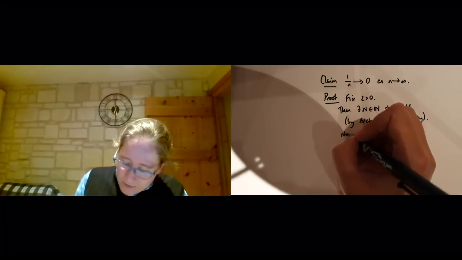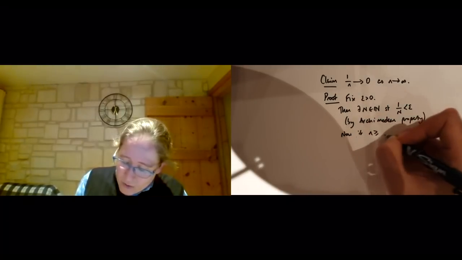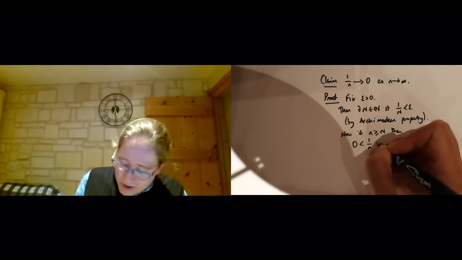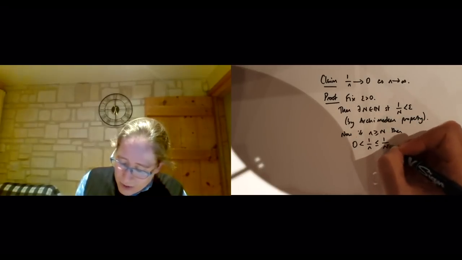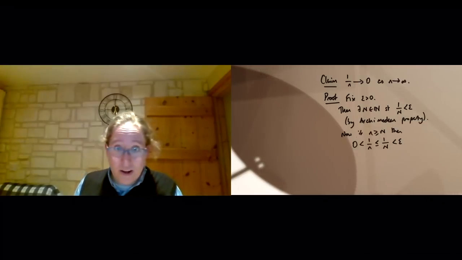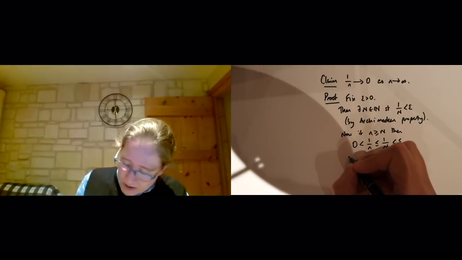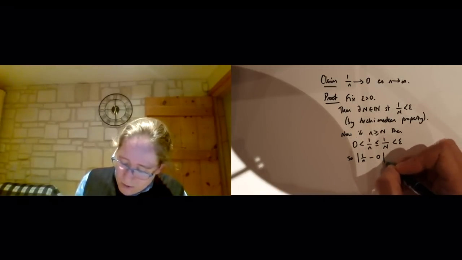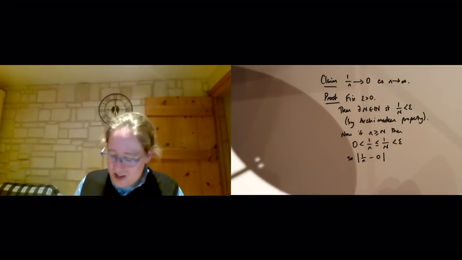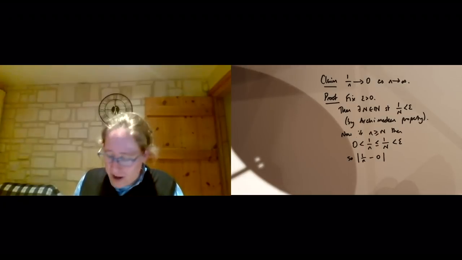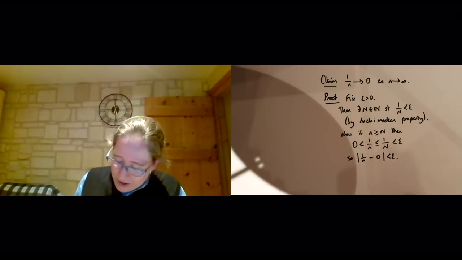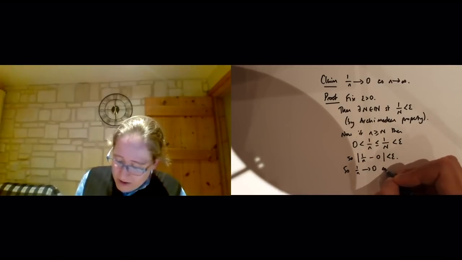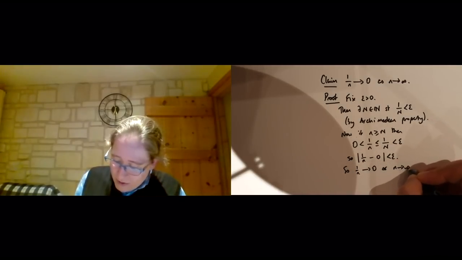And now, if little n is greater than or equal to capital N, then 0 is less than 1 over n, which is less than or equal to 1 over capital N, which is strictly less than epsilon. And so the difference in absolute value between 1 over n and 0, that's what we're interested in here, which is just 1 over n, right? That's less than epsilon. And so 1 over n tends to 0 as n tends to infinity.